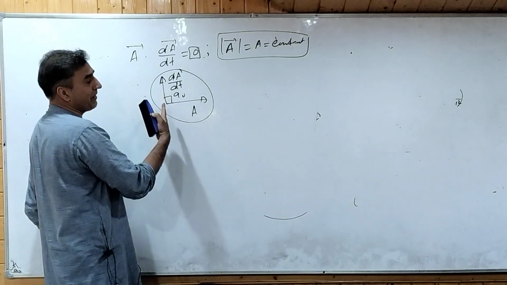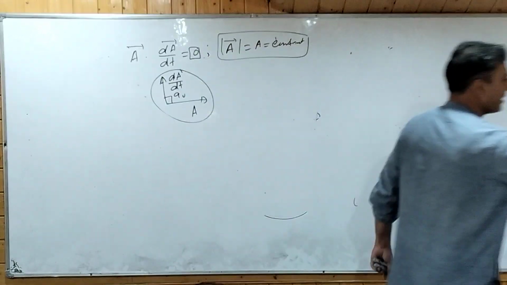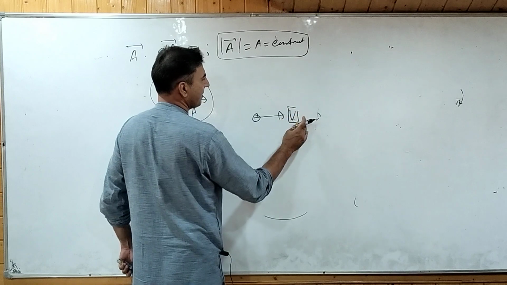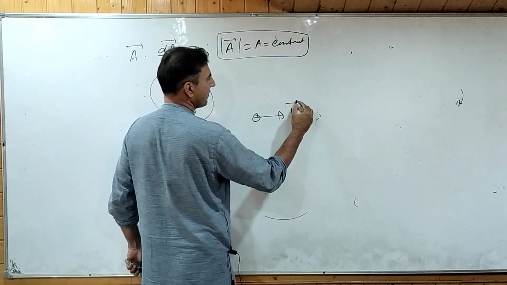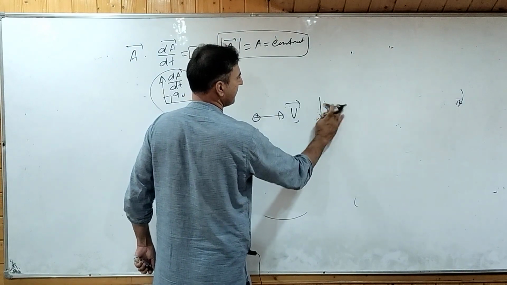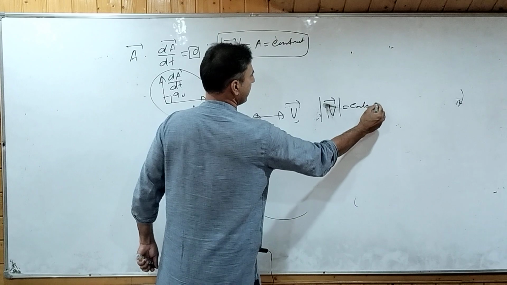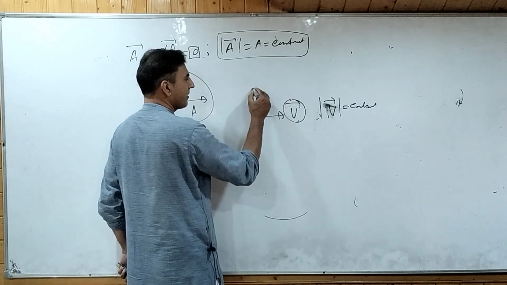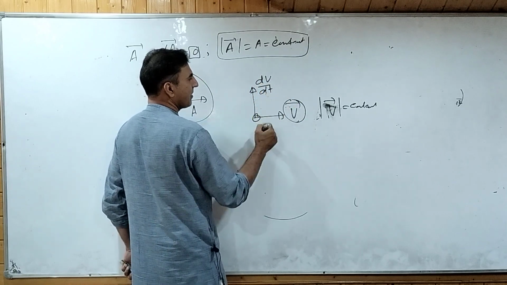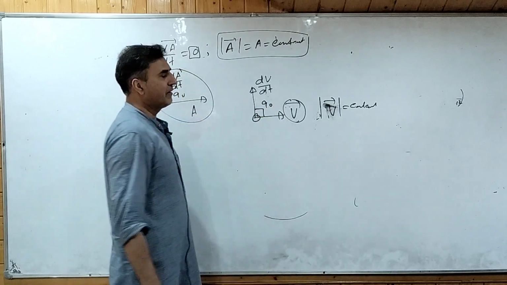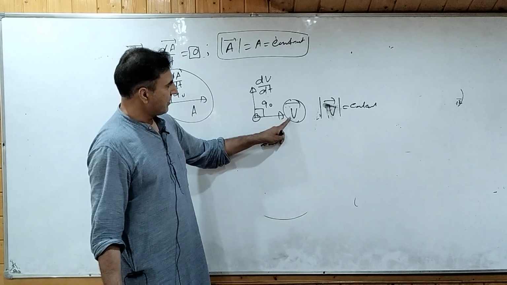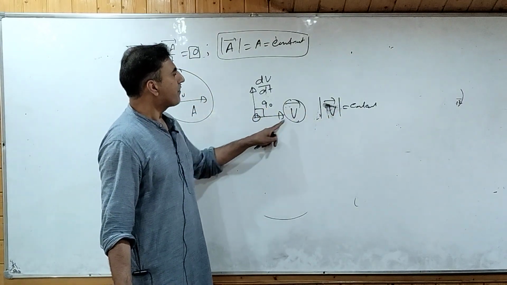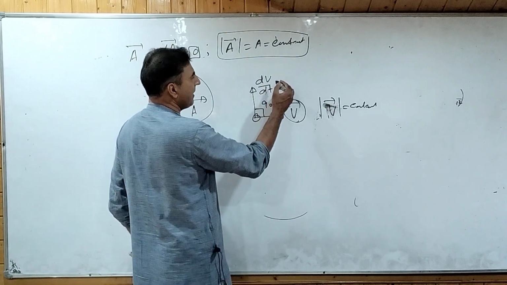Have a look, if velocity is a vector and the magnitude of velocity is constant, then its derivative dv by dt has to be perpendicular to the velocity. By definition it is acceleration.